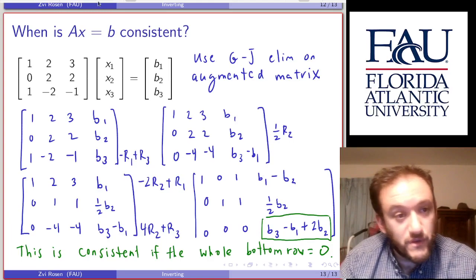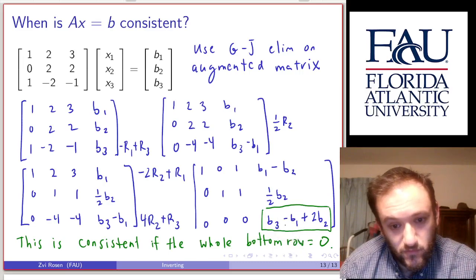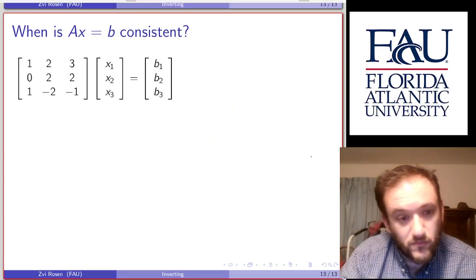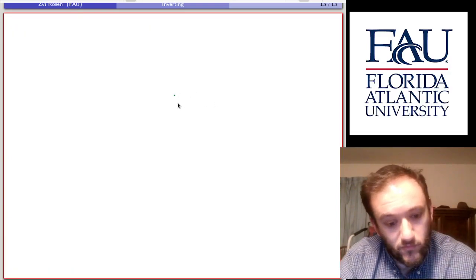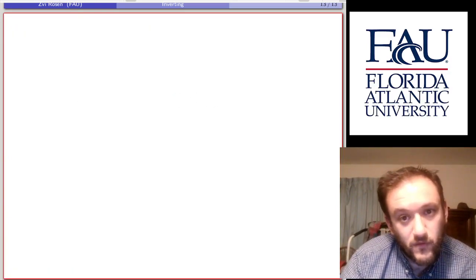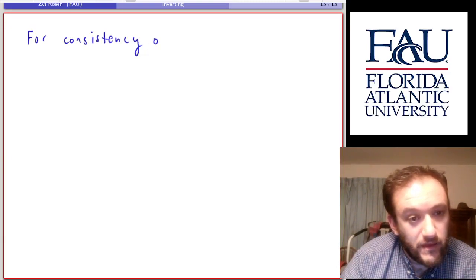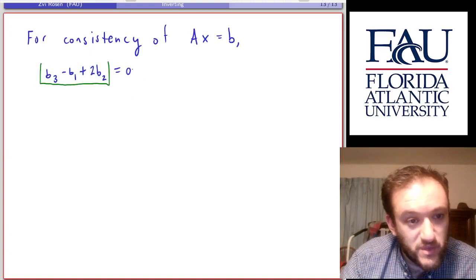Okay? So for consistency of AX equals B, this equation must be equal to 0.